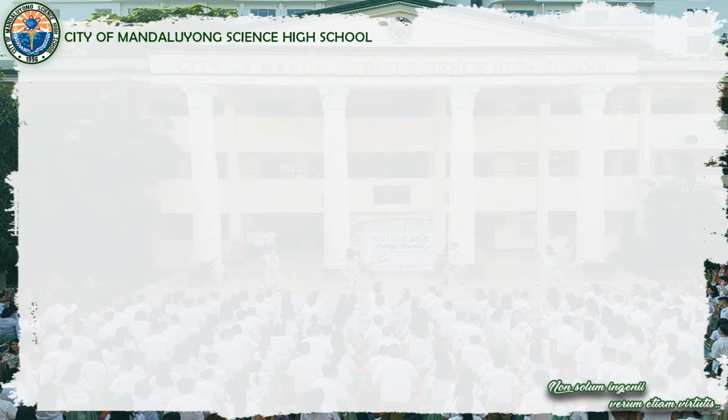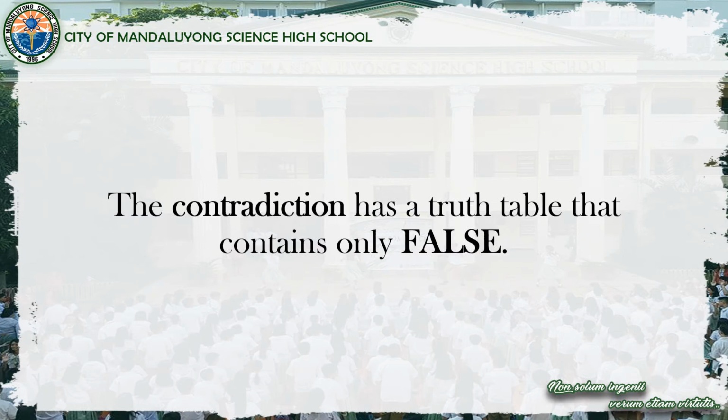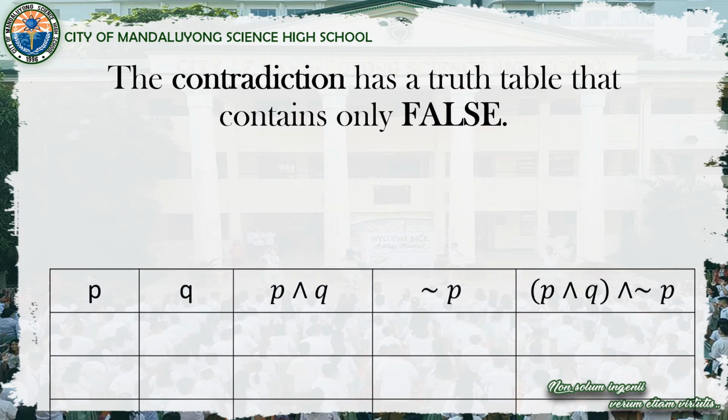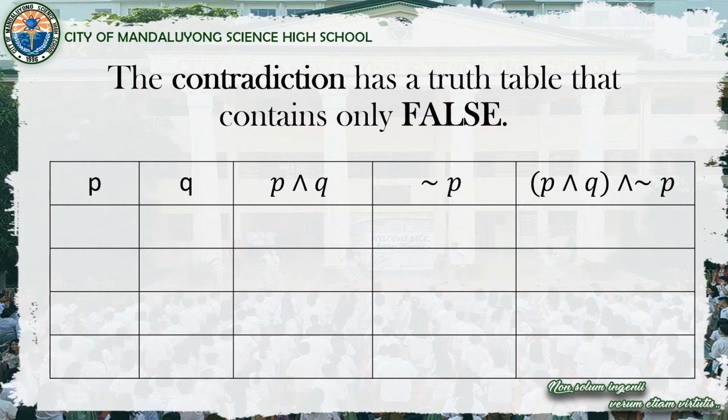Ngayon naman, let us move to the next, which is contradiction. So, ito naman, it has a truth table that contains only false, meaning it is a propositional form that is always false. Now, let us try to show na ang P and Q and not P ay isang contradiction.